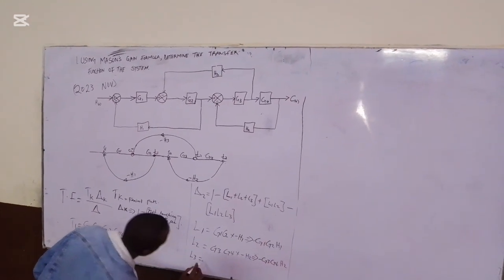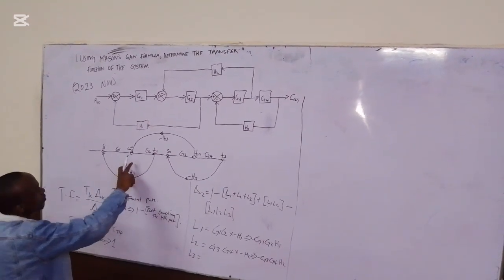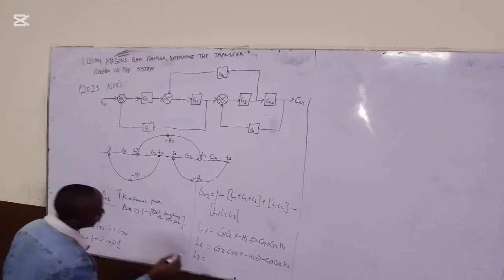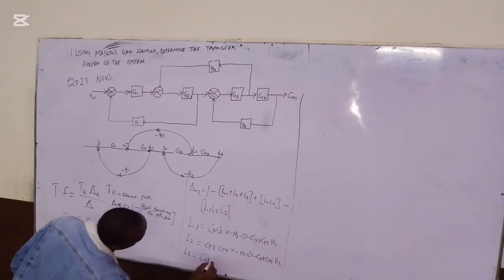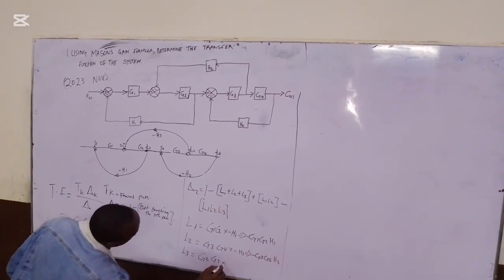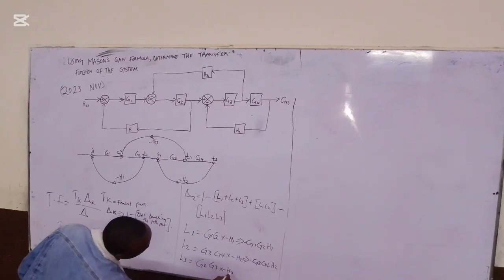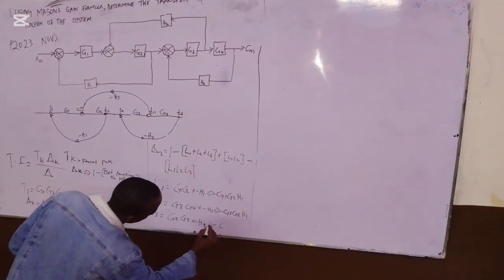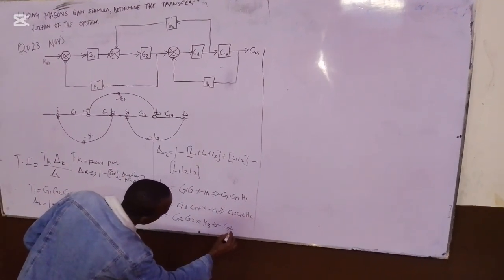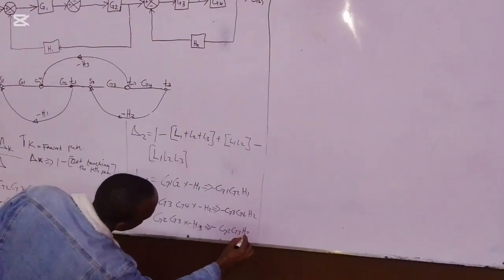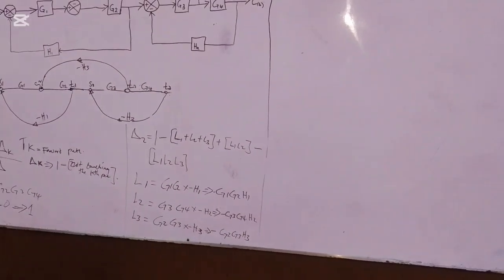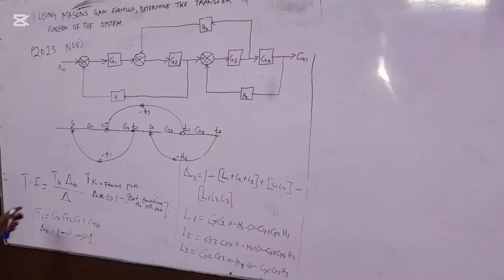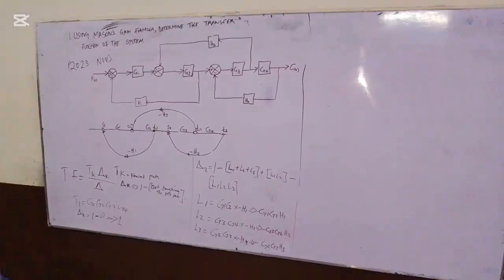Our L3 is from S2 to T2, then back to S2. So we have G2, G3 times negative H3, which gives us negative G2 G3 H3.